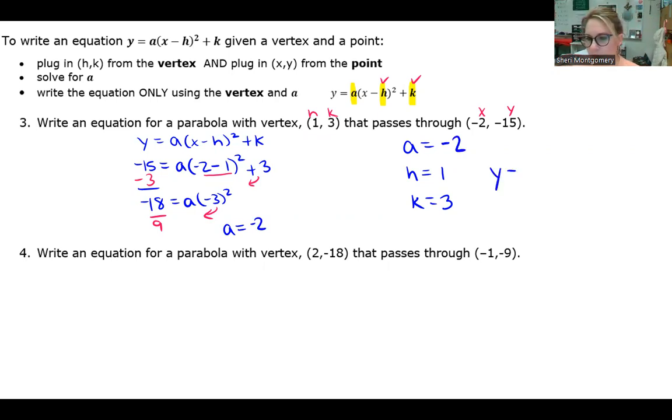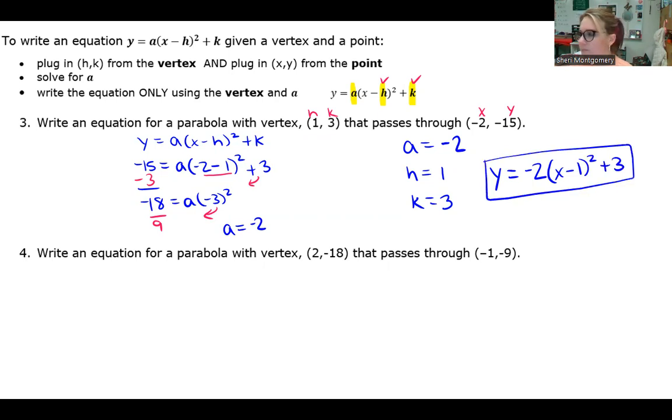Y is equal to, you could put f of x, it doesn't matter, negative 2(x minus 1) squared plus 3. I plugged everything in just so I could figure out that A value so I can write my equation.